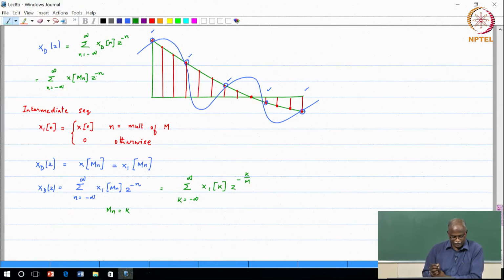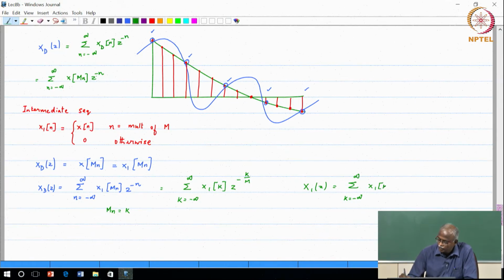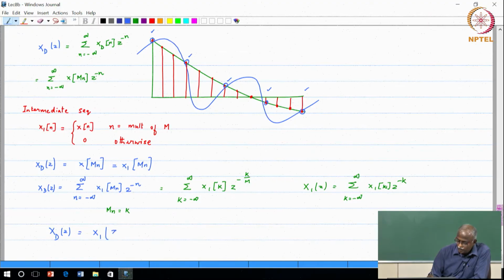It's a modification of that, and if X1(z) is equal to the summation k equal to minus infinity to infinity of x1[k] z^(-k), and this is the general definition of X1(z), then I now have an expression for Xd(z). Xd(z) is nothing but X1(z^(1/M)).